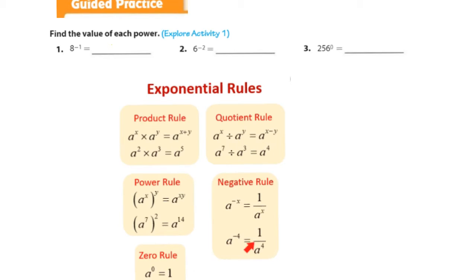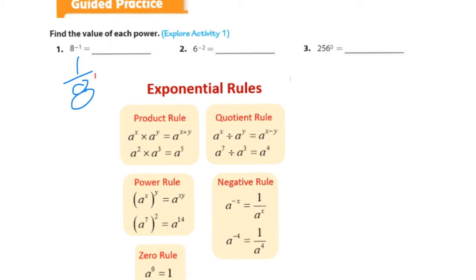It shows me to write it as a fraction, taking away the negative. So I have my base and the exponent. The very first one, the answer is going to be 1 over 8, 1/8. Now there is an exponent there of a 1, but we don't write ones. We just assume that they're there if we don't see them.